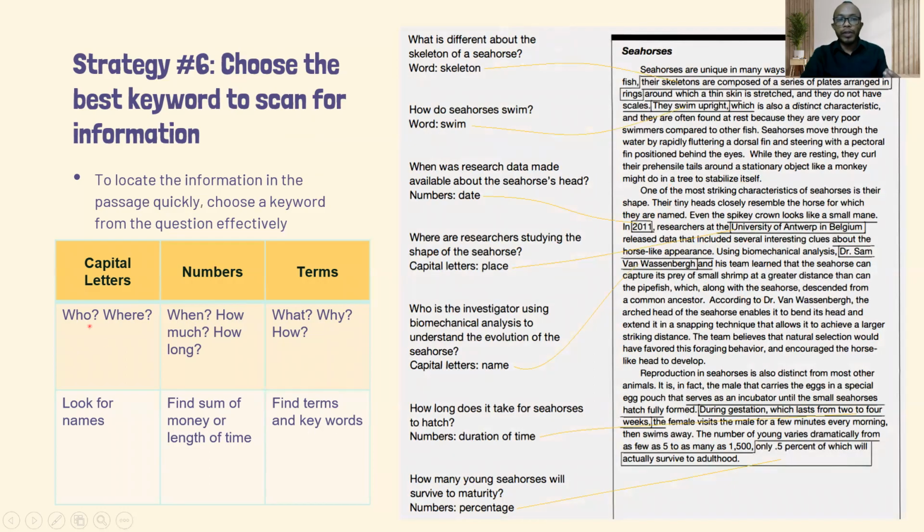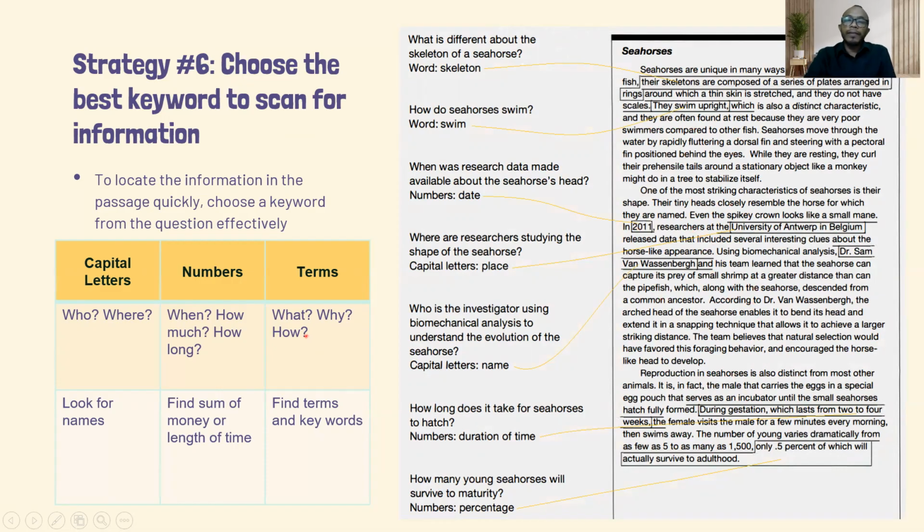So if the question is asking about who or where, then the keyword is most likely going to be names. Okay, and this is usually indicated with a capital letter. All right. Now, if it's asking when, how much, or how long, this will be something related to numbers. So you need to scan for numbers in the passage.